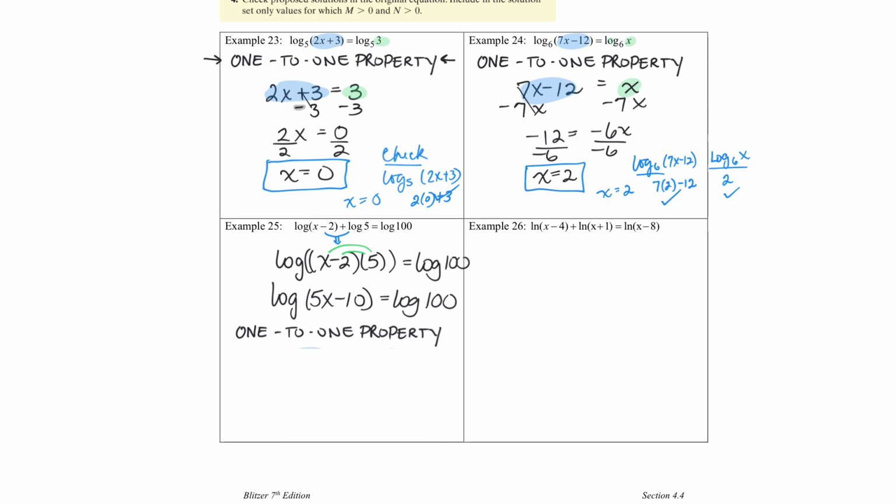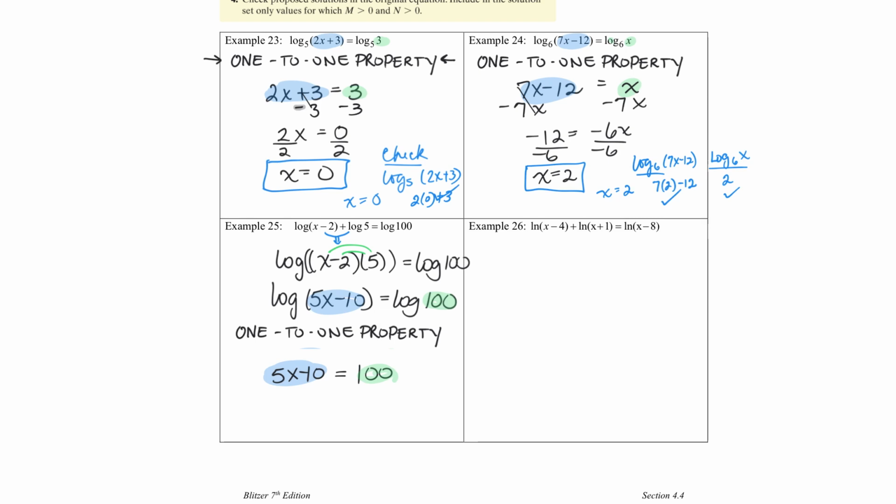So I am going to be taking this 5x minus 10, and I'm going to set it equal to 100, which is the argument to the second logarithm. So I have 5x minus 10 equals 100.